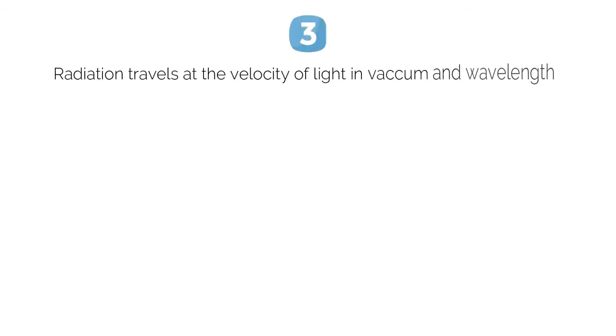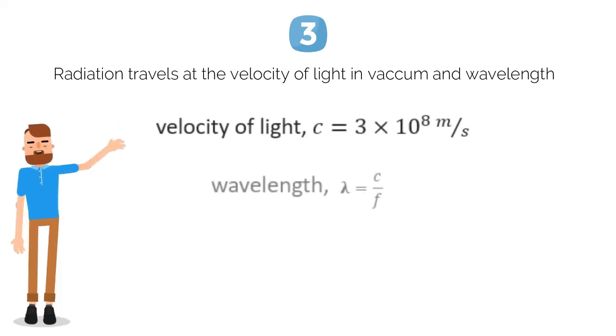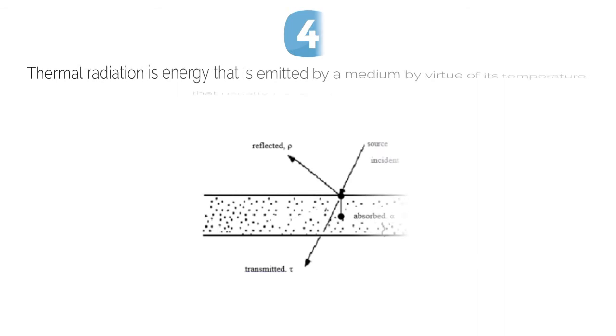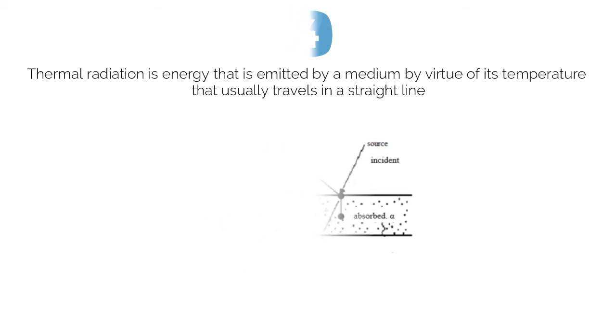Third, the radiation travels at the velocity of light, which is shown below, in vacuum, and the wavelength formula is as shown below. Fourth, the thermal radiation is the energy that is emitted by a medium by virtue of its temperature that usually travels in a straight line.